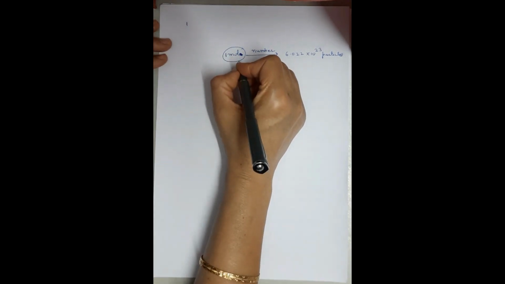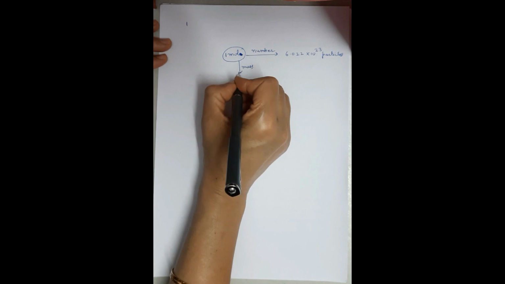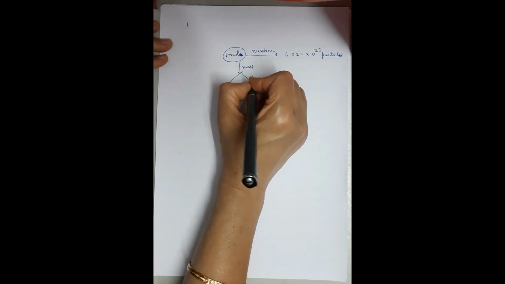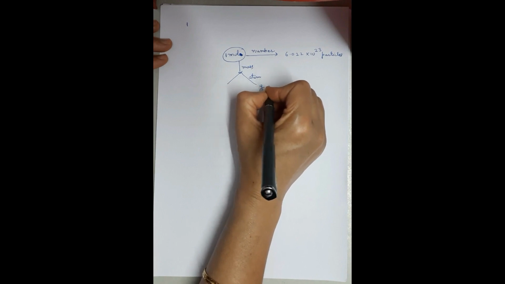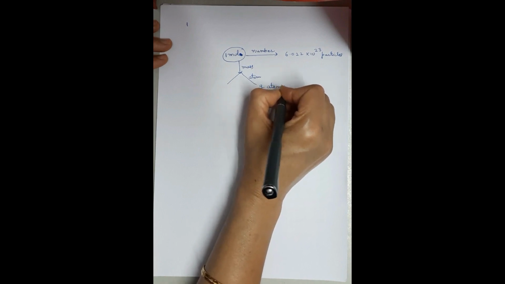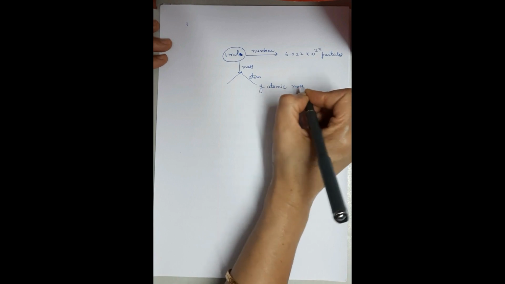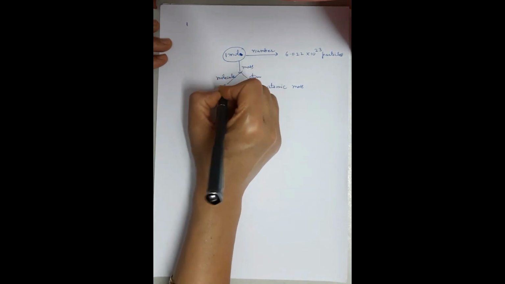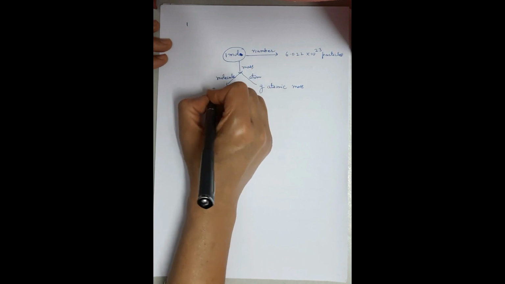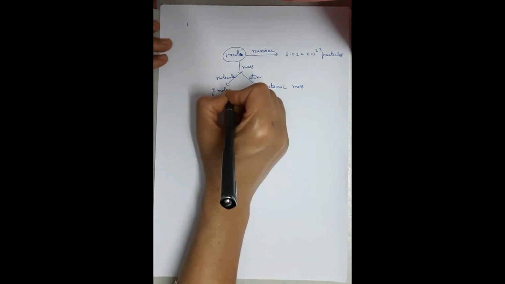And if I am talking in terms of mass, then if it is an atom, then 1 mole is equal to gram atomic mass. But if I am talking about a molecule, then 1 mole is equal to gram molecular mass.